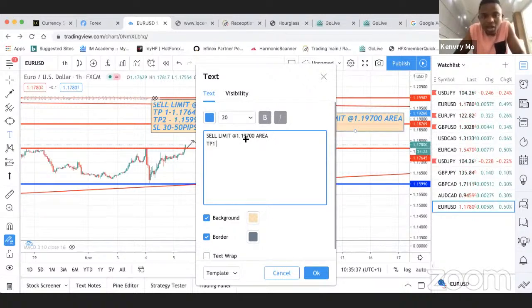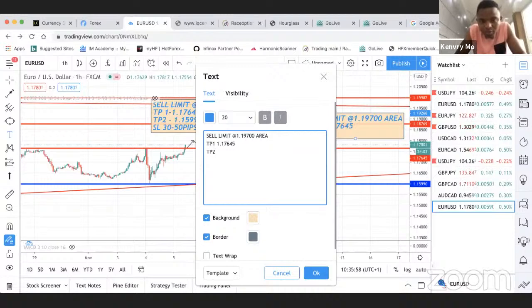TP1 here we can take here as TP1, same areas, 1.17. That's close to about 200 pips, 200 and something pips. 17645.